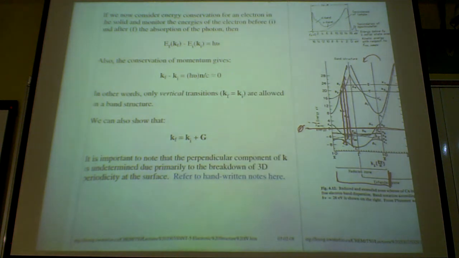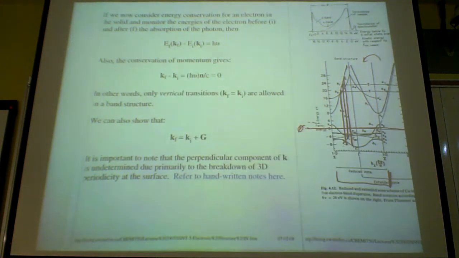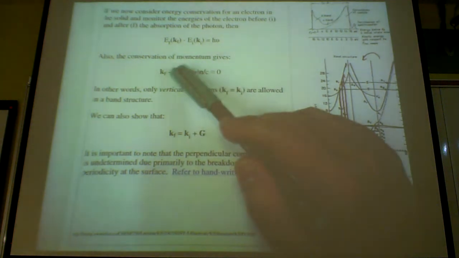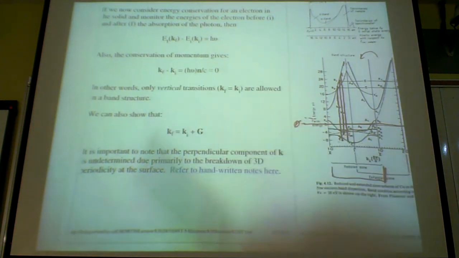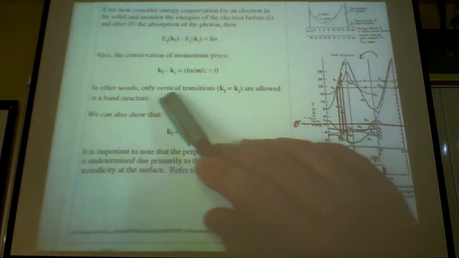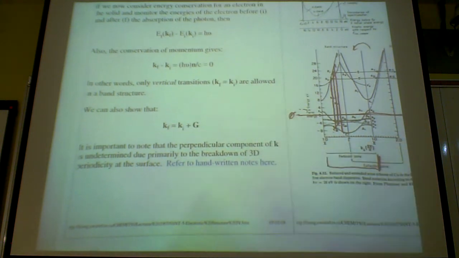So you should have, before and after, in the case of the electron, the momenta equal to one another. So what does that mean, when you say that the linear momentum before the absorption of the photon and after the absorption of the photon is the same? What that means is that only vertical transitions are allowed in the band.